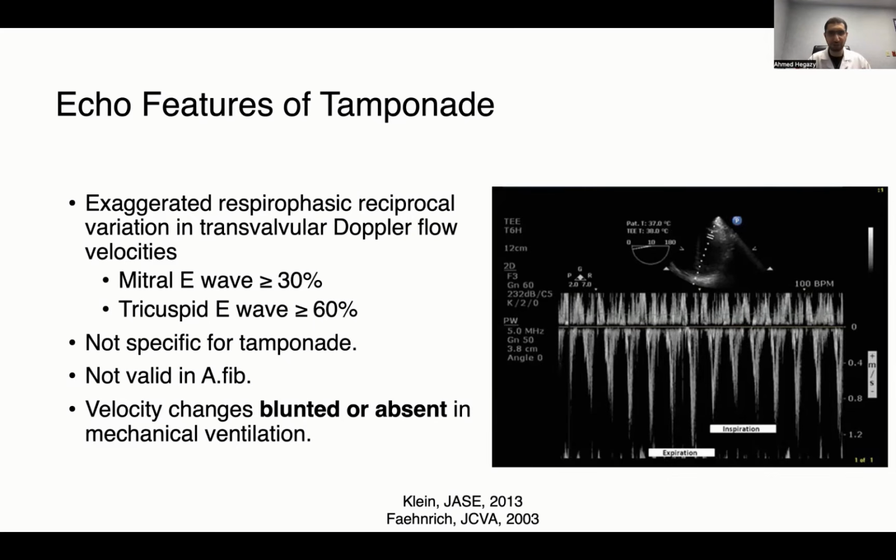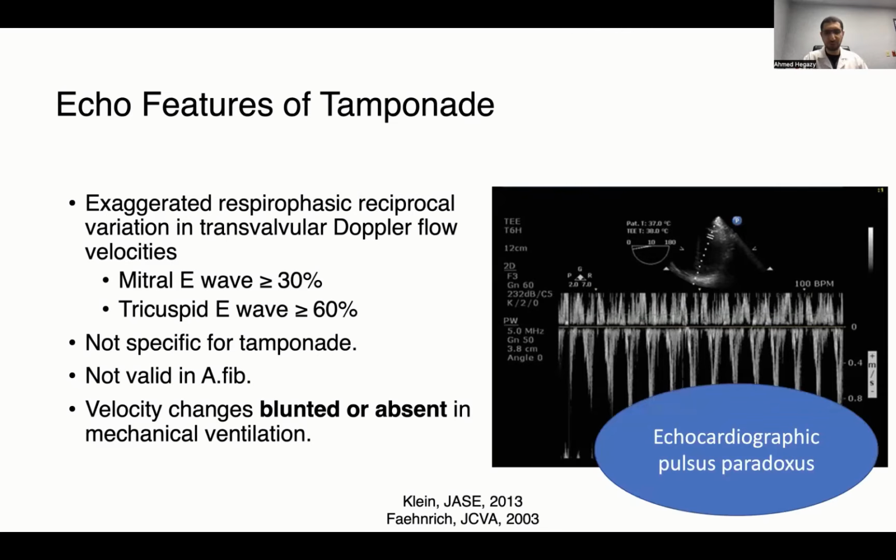Obviously, with mechanically ventilated patients, there's positive intrathoracic pressure during inspiration, so the changes are actually reversed. But not only are they reversed, they're also blunted and sometimes even absent. These variations in left ventricular and right ventricular filling we call the echocardiographic pulsus paradoxus.